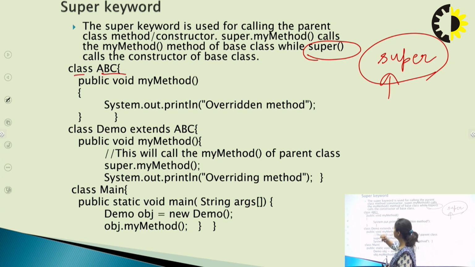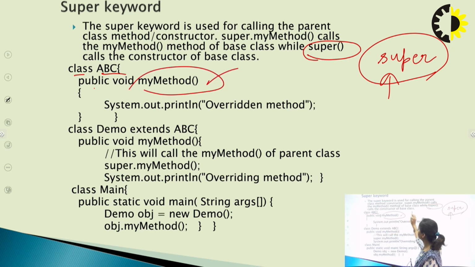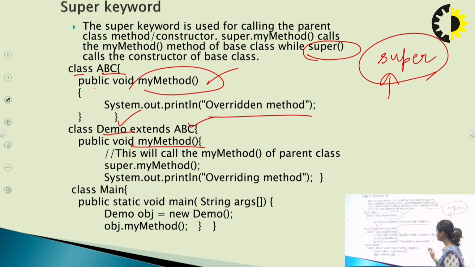Class ABC, and this public void main is your main. We have a user defined method in this class ABC, named my method, having the statement overridden method. Then we have a class demo which extends ABC. So ABC is the parent class of this demo class, again having the same method name, my method, with its own body as overriding method.